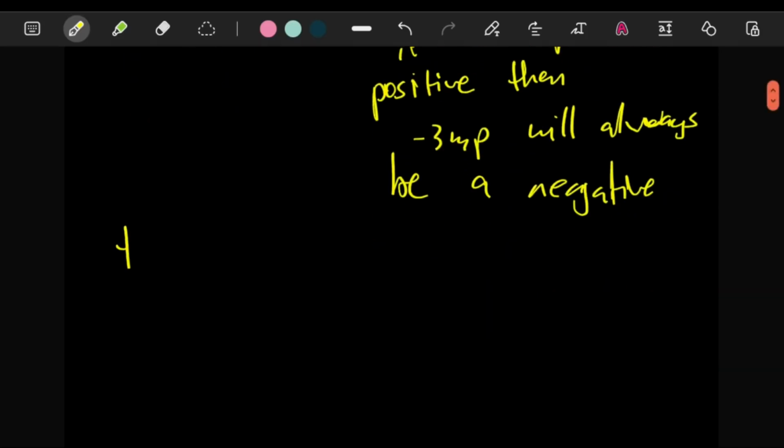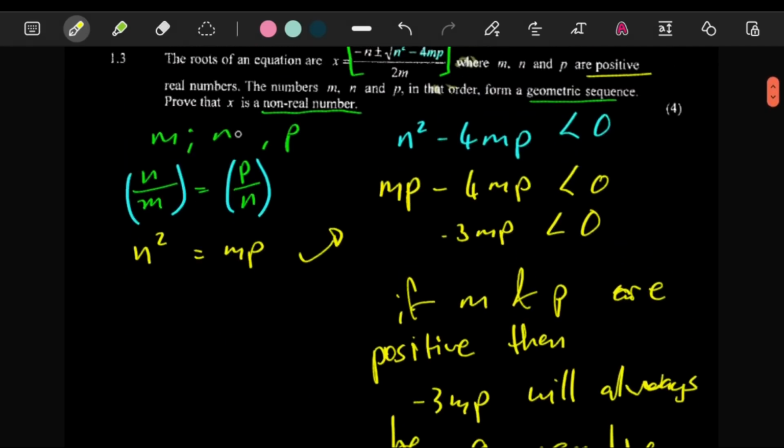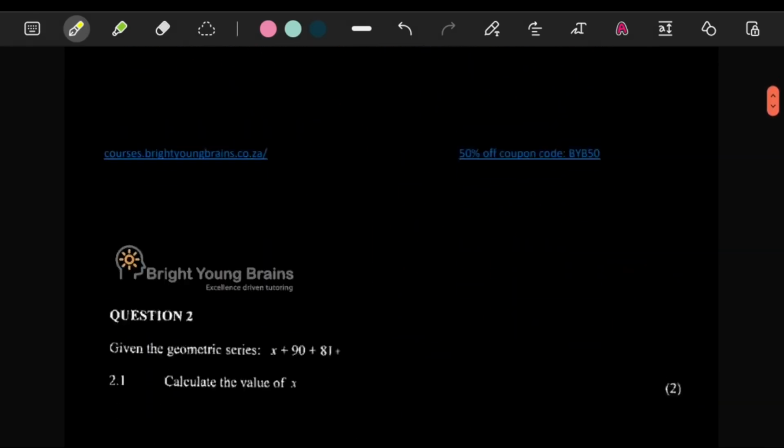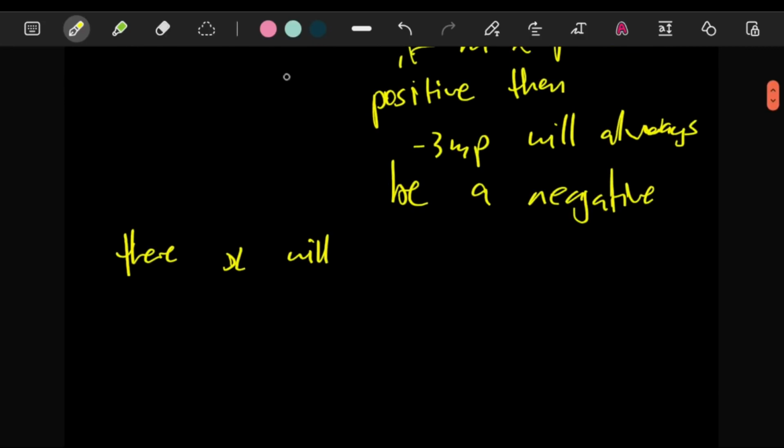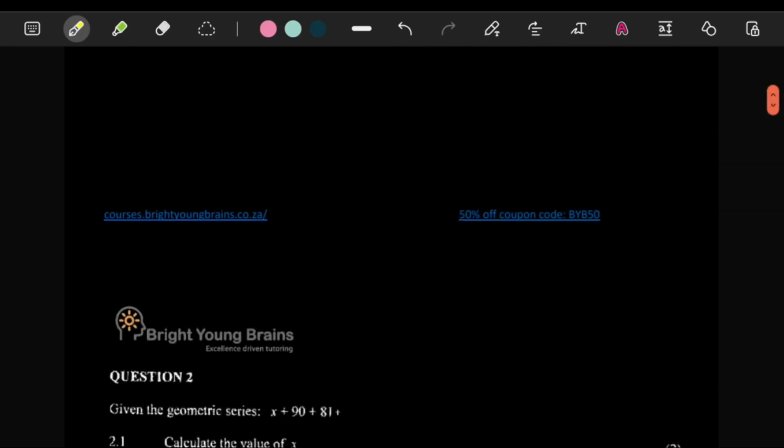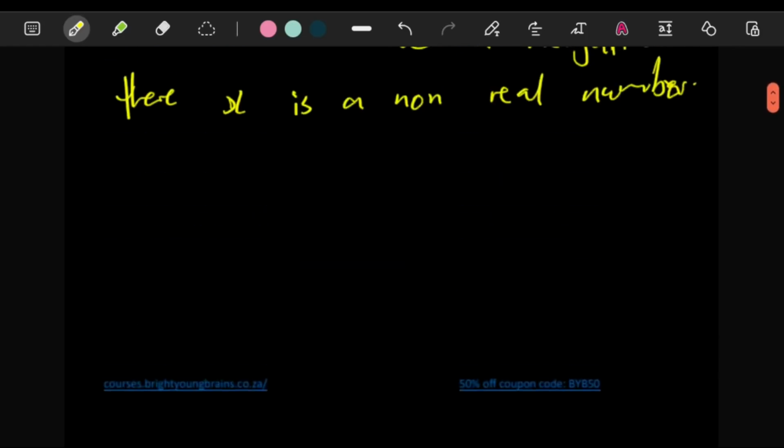Therefore x is a non-real number. So x being a non-real number, that is all you said.